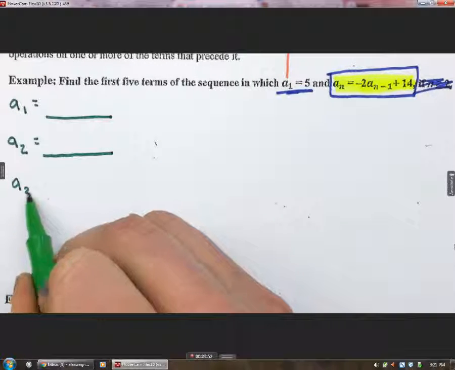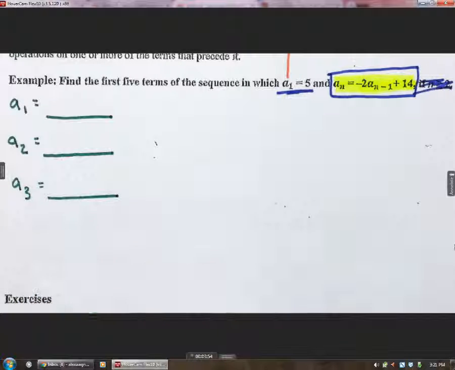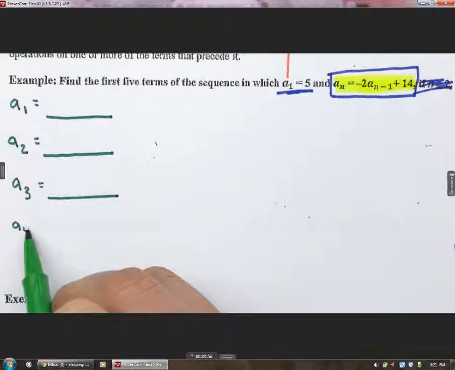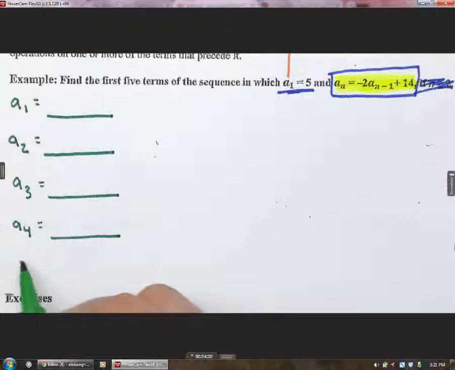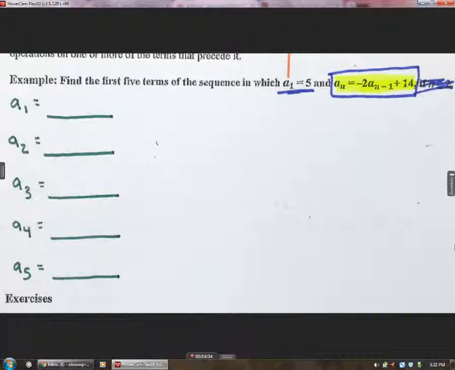The third term is A sub 3. Fourth term is A sub 4. The fifth term is A sub 5. I'll wait for you to get that copied down. It really helps to write it out like that.